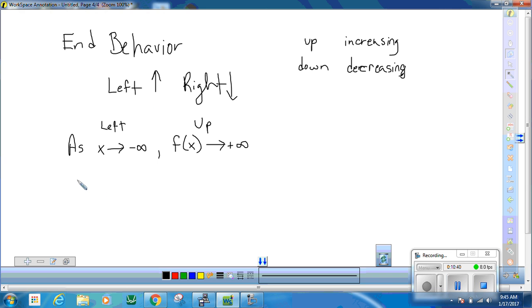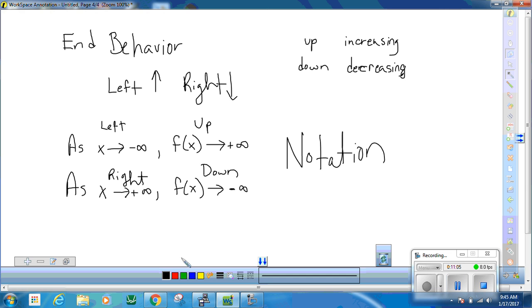We could also do as x approaches positive infinity, so that's talking about the right side of the graph, then f of x is approaching negative infinity. And this would be how we would write down. So this is some notation for how we can talk about the end behavior of a graph.